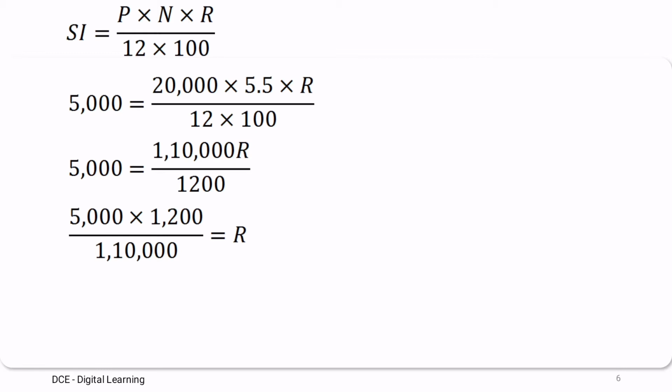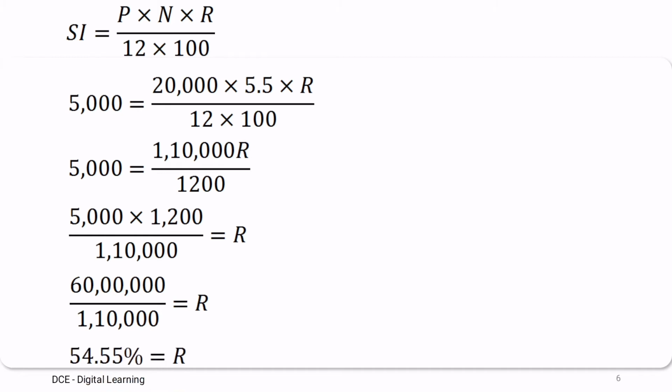So divided by 1200 will become into 1200, and 1,10,000 into R, 1,10,000 will become division 1,10,000. So 5,000 into 1200 divided by 1,10,000. 5,000 into 1200 is 60 lakh divided by 1,10,000. The rate of interest is 54.55%.